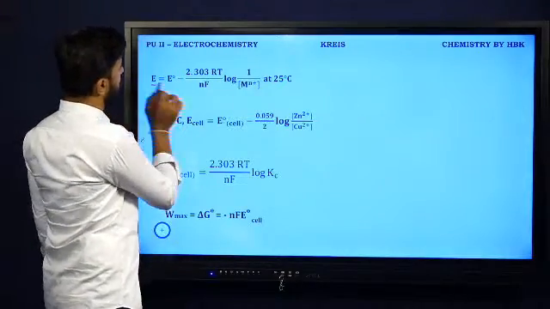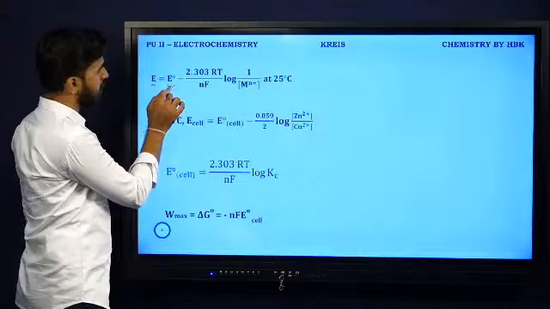E is equal to E naught, EMF which is equal to standard EMF.